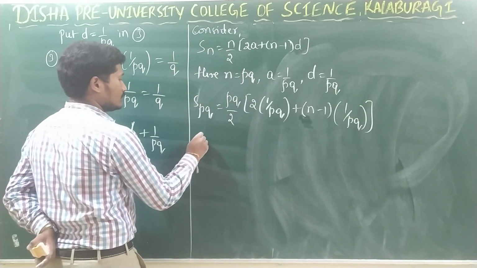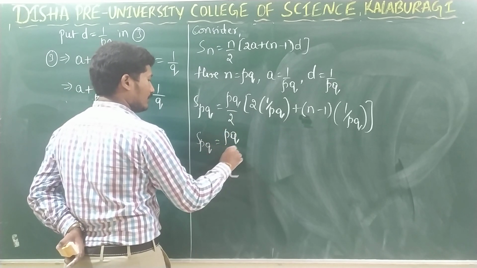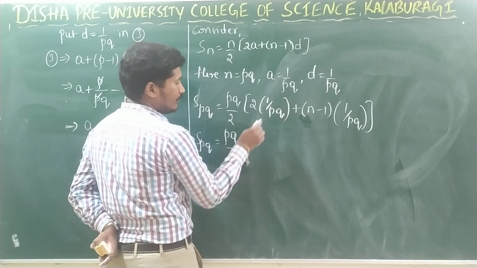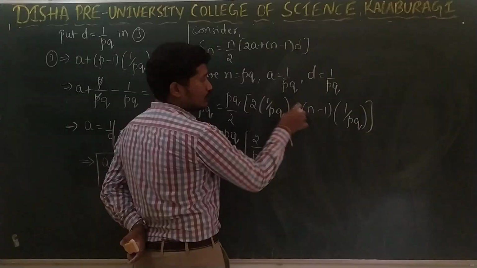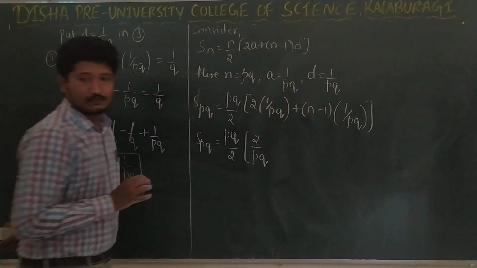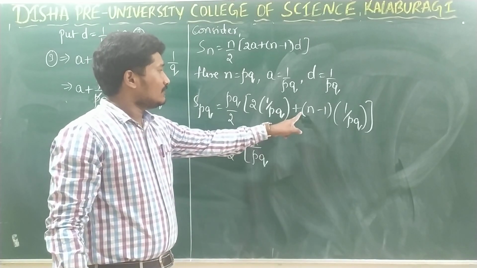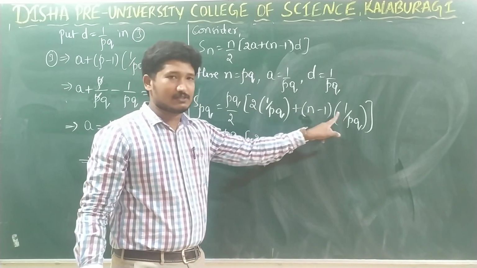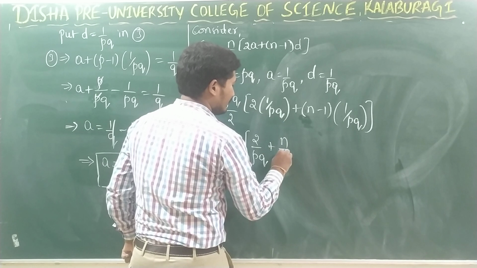So Spq is equal to pq divided by 2 into (2 into 1 by pq is 2 by pq, plus n into 1 by pq, it will be n divided by pq).